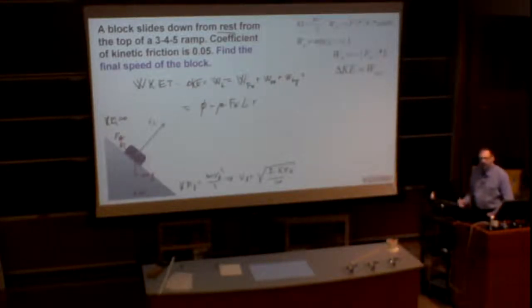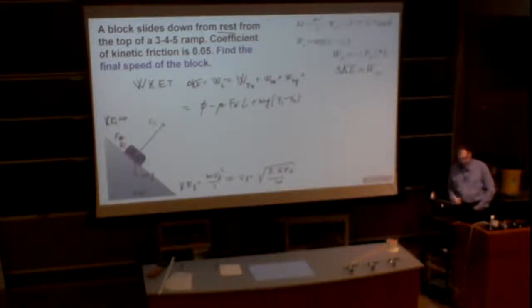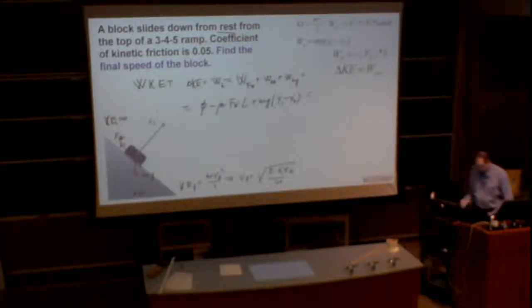And now we have to add the last term, work done by force of gravity, which should be equal to mg, and the difference between initial and final values of the y coordinate or the height. So keep doing what we're doing.